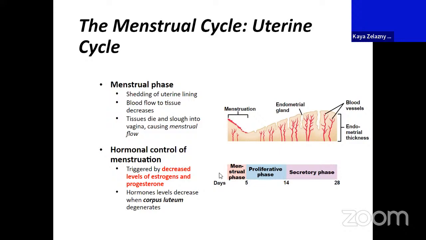So if we think back to the ovarian cycle, the second half of the ovarian cycle is the luteal phase. And the point of the luteal phase is that we made this corpus luteum, this gland that's producing estrogen and progesterone during that second half of the ovarian cycle.